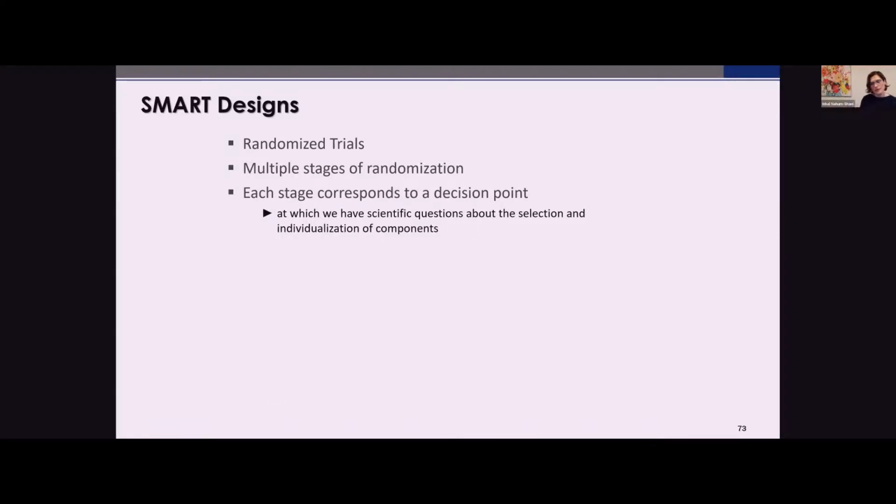Multiple stages means that the same participant can get randomized more than once in the course of the trial. Now, in a SMART, each stage of randomizations corresponds to a scientific question that you have about the selection and adaptation of intervention components at a particular decision point in the intervention, the adaptive intervention that you're trying to develop.